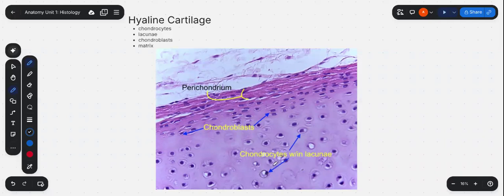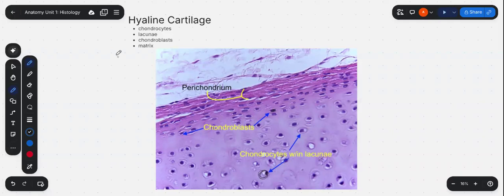So, chondrocytes, developed cartilage cells, chondroblasts, immature cartilage cells. So, think of it as your chondroblast is just the little purple dot before it has matured and before it has gained its circle around it, which then it is a chondrocyte within lacunae.